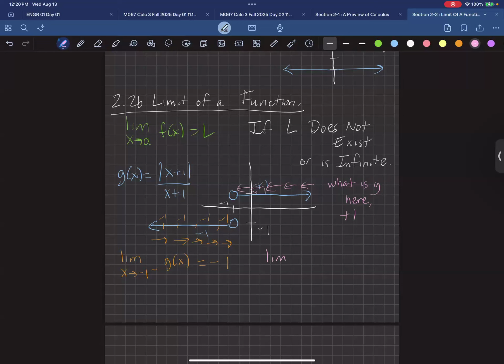So the limit as x approaches -1 from the right of g of x equals +1.